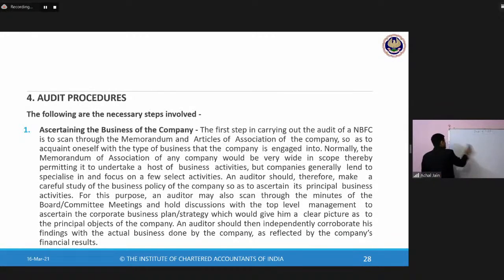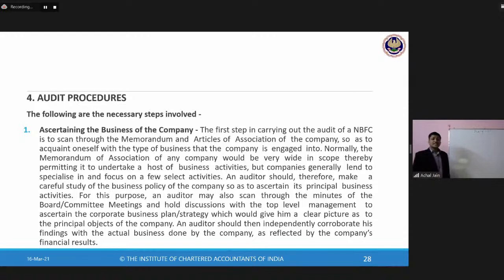The way audit is required to be done will not change. We may have a company which is manufacturing, or we may have an NBFC which has got nothing to do with the types of activities which a manufacturing company will do, which is involved completely in financial activities. For both of them, the audit process will remain the same. And let's understand what's the audit process which they are required to follow.